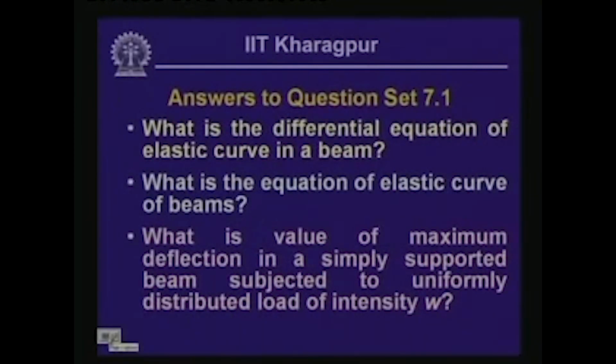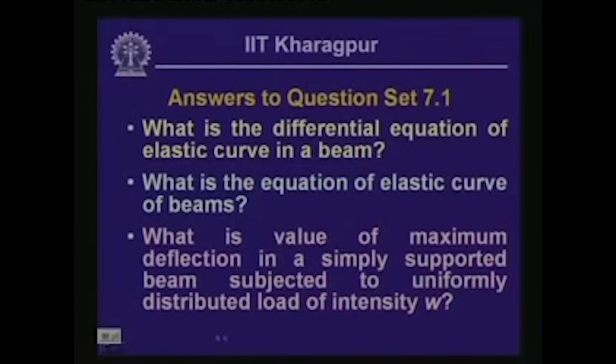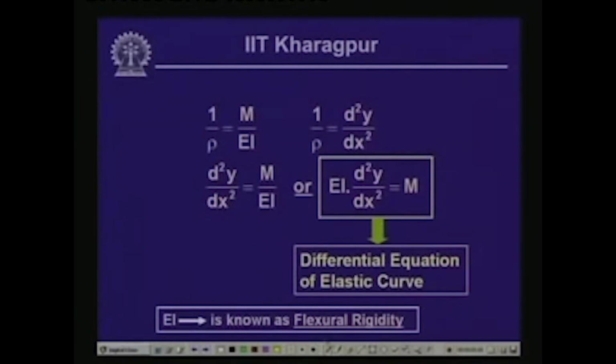Well, the first question posed last time is: what is the differential equation of the elastic curve in a beam? If you remember, last time we derived that if a beam is subjected to transverse loading, then it undergoes bending, and therefore the axis of the beam deforms.